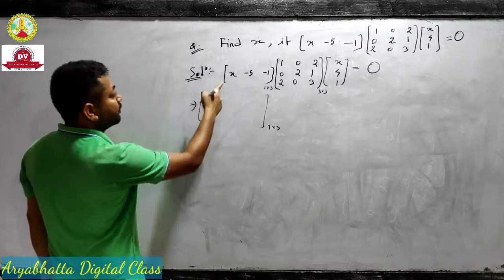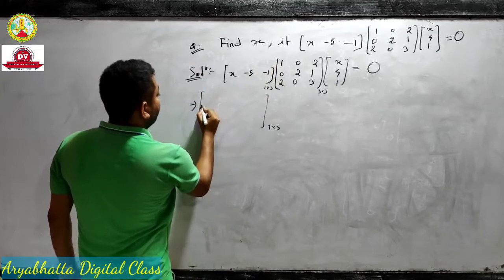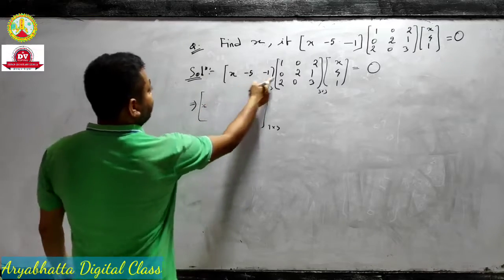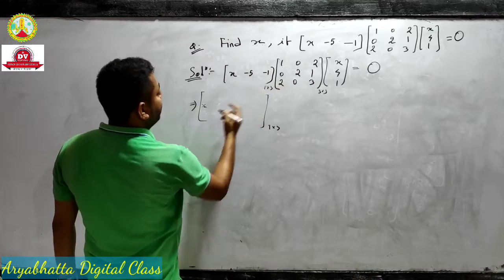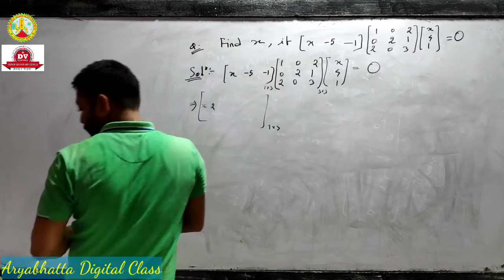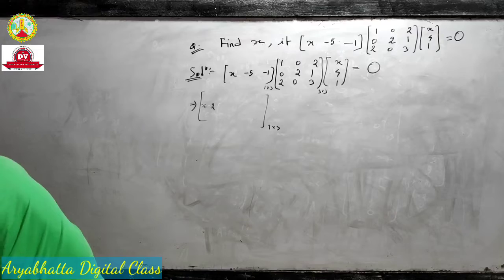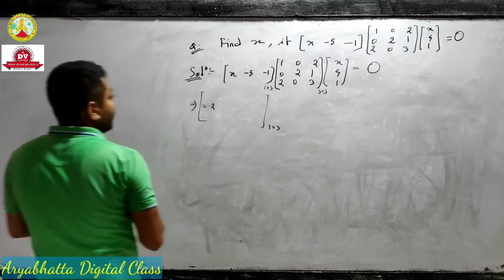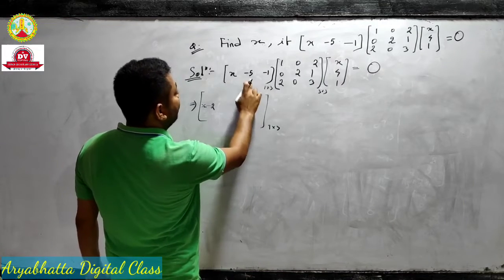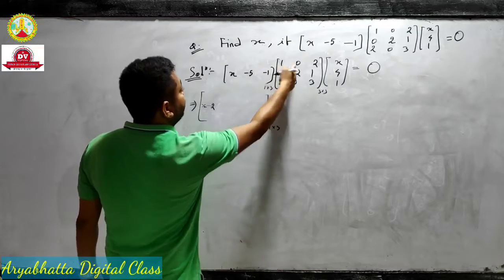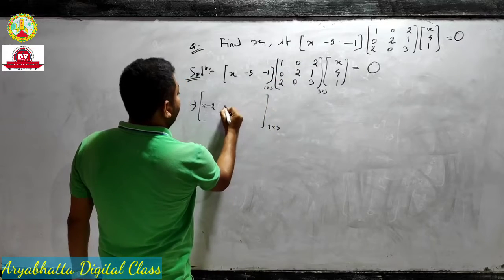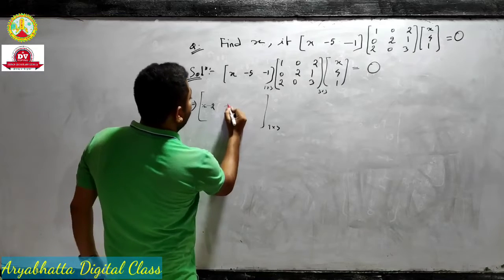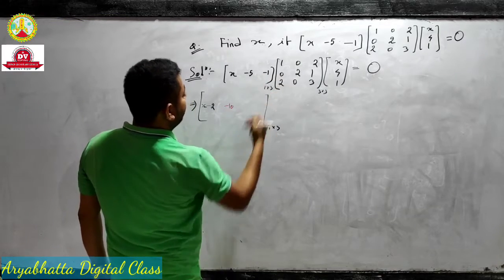Then we have x into x, next, minus 5 into 0, 0, minus 1 into 2, minus 2. Next, for the second element, we multiply first row second column. Then we have x into 0, 0, minus 5 into 2, minus 10, next, minus 1 into 0, 0.